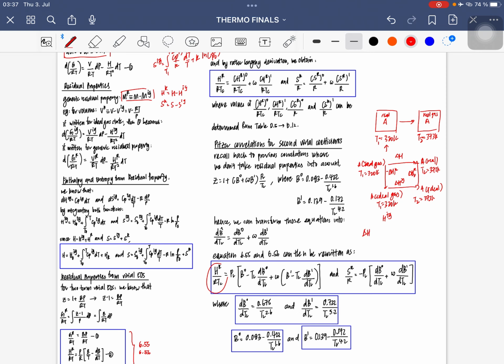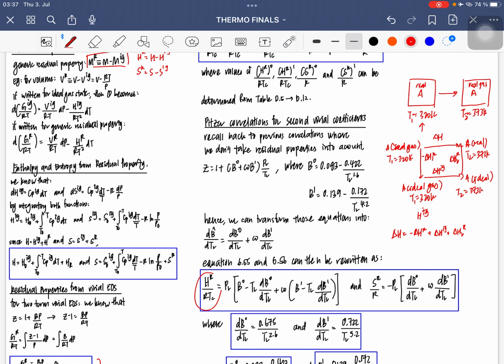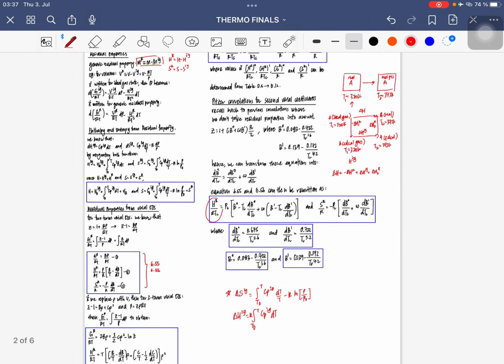And then the question will finally ask, what is your total enthalpy? Your total enthalpy will be negative HR plus HIG plus H2R. Just remember to put a negative here because we are changing from real to ideal, so it has to be negative. But when we want to change from ideal to real, it's positive HR.